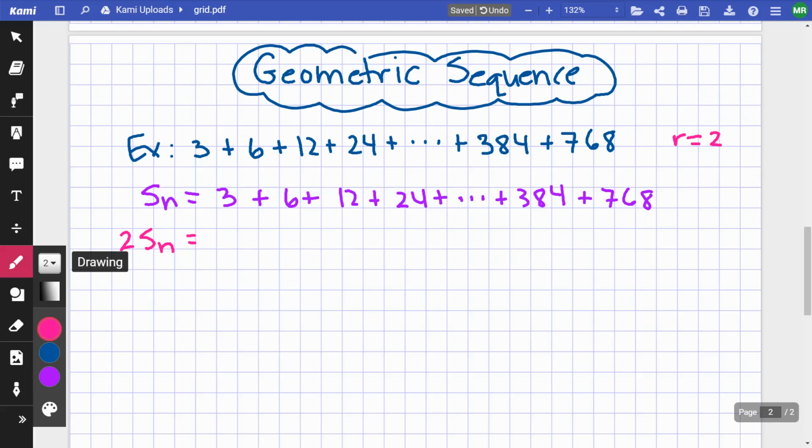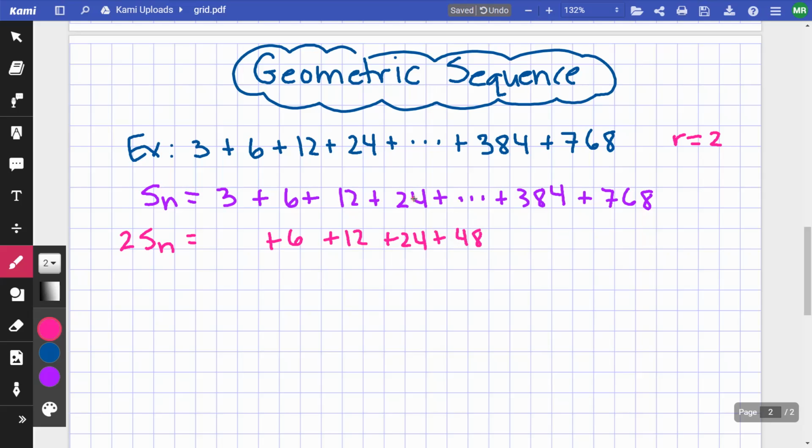So when I do that, I get 2 times S sub n. Now 3 times 2 is 6. I'm going to line it up underneath this 6. Now I'm going to take 6 times 2, which is 12. I'm going to line it up under here. And 12 times 2, which is 24, I'm going to line it up under here. 24 times 2 is 48.